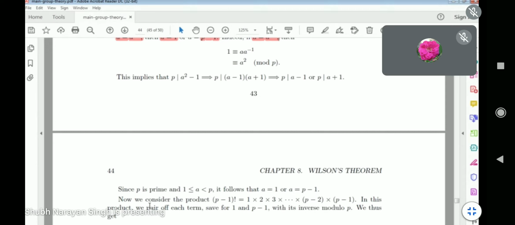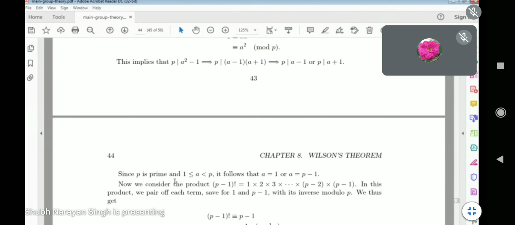That's why, since P is prime and A is from 1 to P minus 1, A is equal to 1 in this case, or A is equal to P minus 1 in this case. So that's how you verify that if any element is equal to its inverse, then that element is either 1 or P minus 1. So that is my claim.